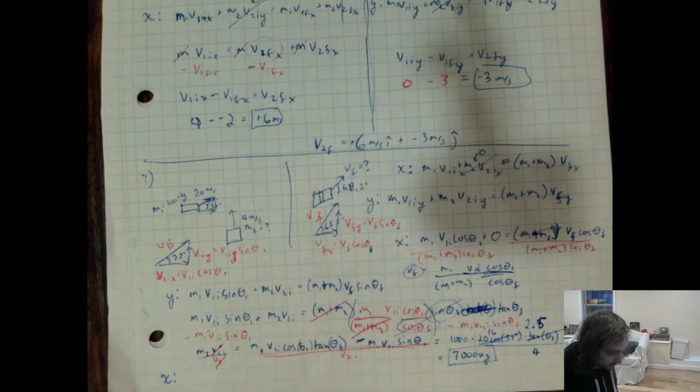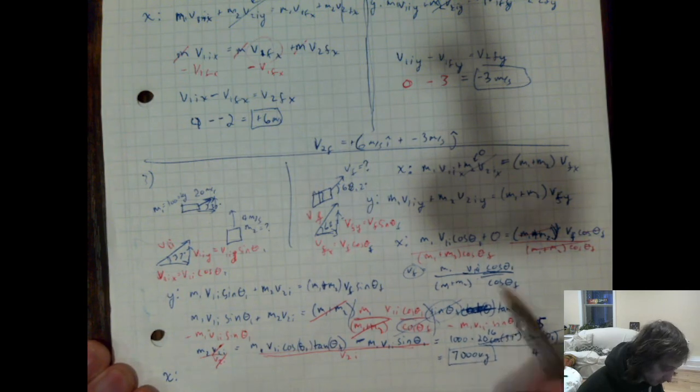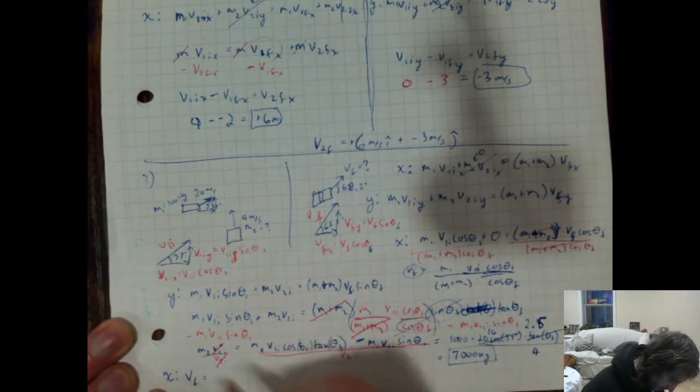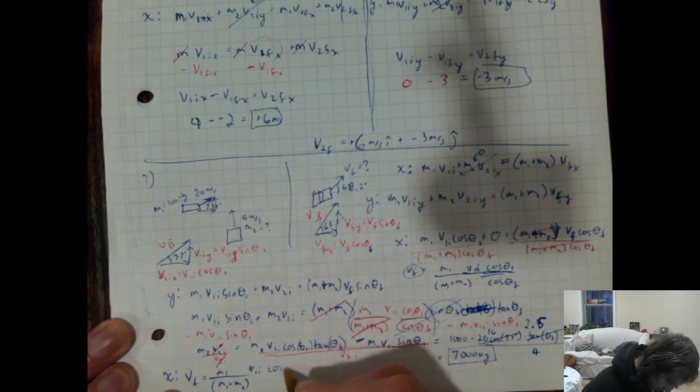In the x direction, we can come back and plug this 0.78 in to what we had solved for VF. Because remember, VF equals M1 divided by their total mass times V1 initial times the cosine of theta 1 divided by the cosine of theta final.